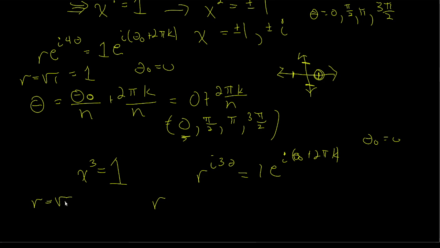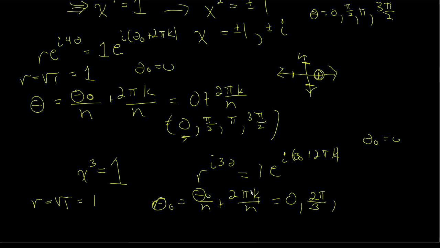R is still 1, square root of 1 equals 1. And theta will be theta naught over n plus 2 pi k over n, which equals, again, still 0 plus 0. We'll start with k equals 0, so we get 0 plus 0. But now we have to do 1, so we get 2 pi over 3.